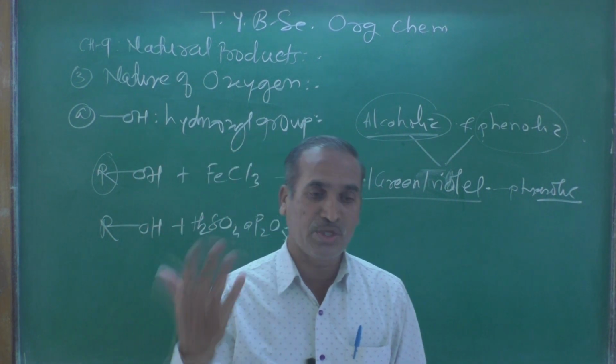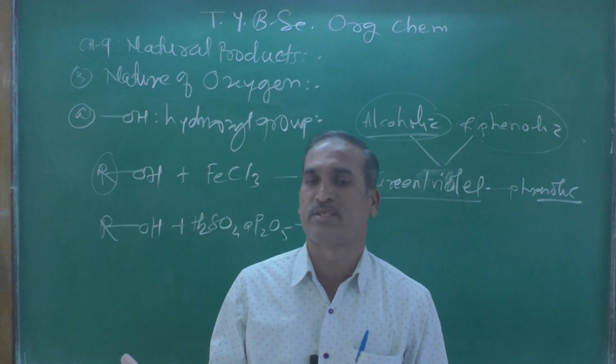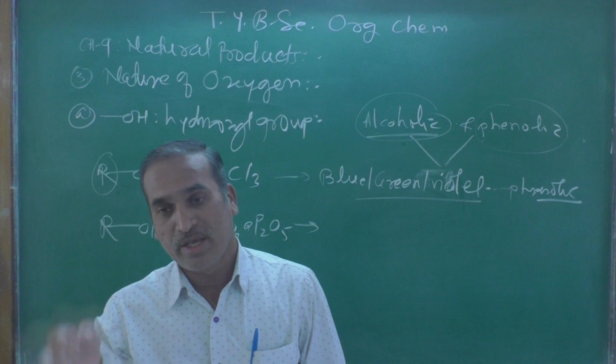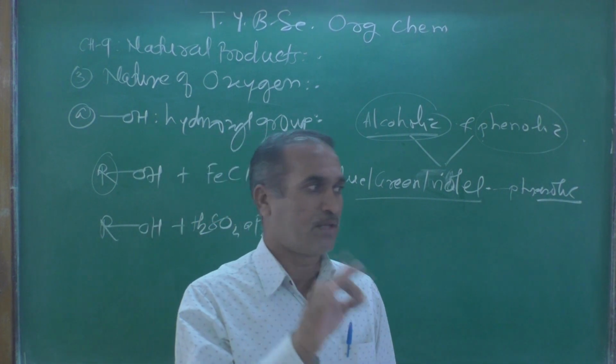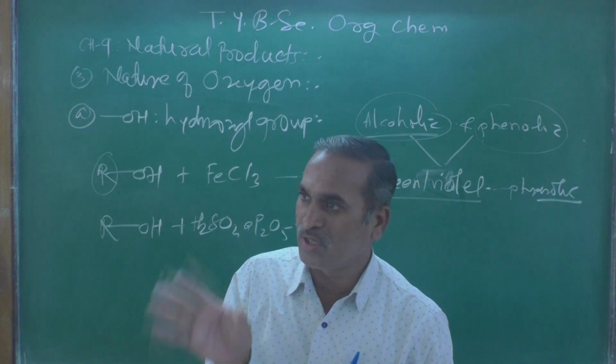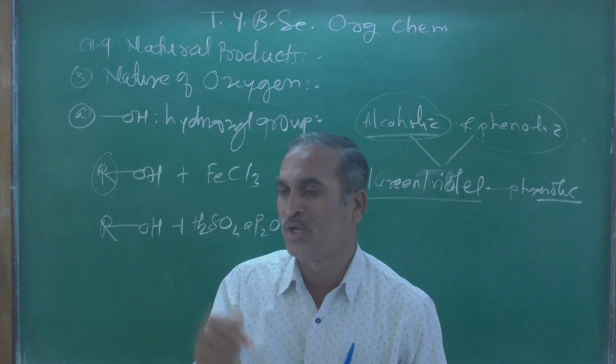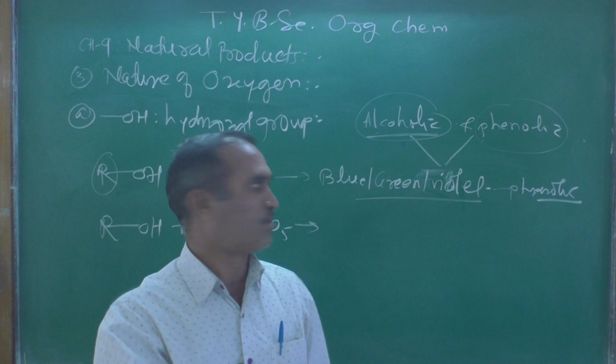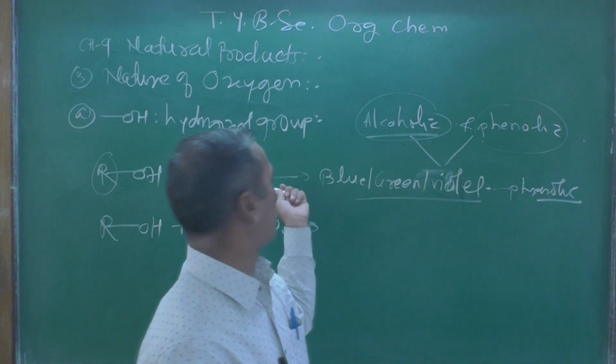The E1 and E2 mechanisms we already learned in our previous classes, so no need here. Just remember, if we are distinguishing whether it is alcoholic OH or phenolic OH, only one reagent is needed, FeCl3.